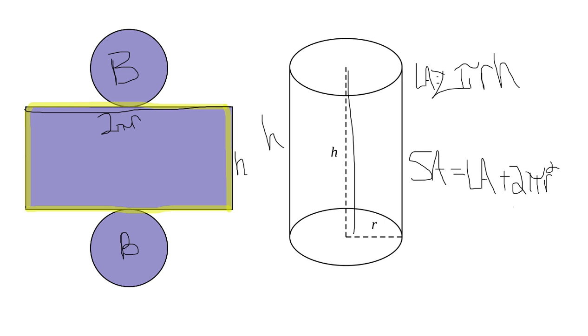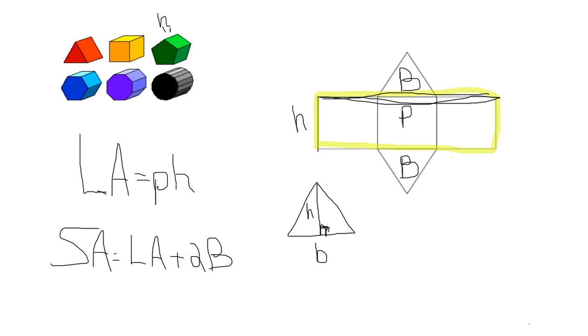Okay, so once again we have prisms. The perimeter of the base actually represents the length of the rectangle that's created when you open the net, times the height, which is the distance between the two bases, and the bases are the polygons that look the same.